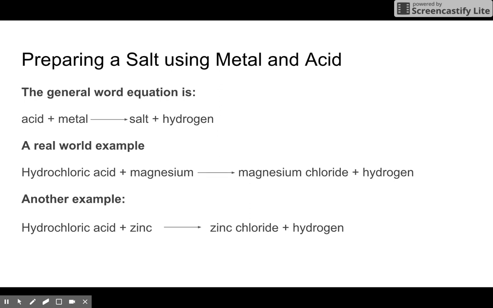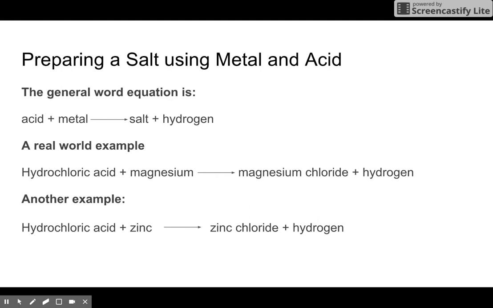So to get the salt out of this mixture, you would have to filter it first. This is going to remove any leftover solid magnesium. Then you're going to pour the magnesium chloride solution into an evaporating dish and heat it until the water starts to evaporate. When about half the water evaporates, you're going to stop heating it and just place it someplace warm.